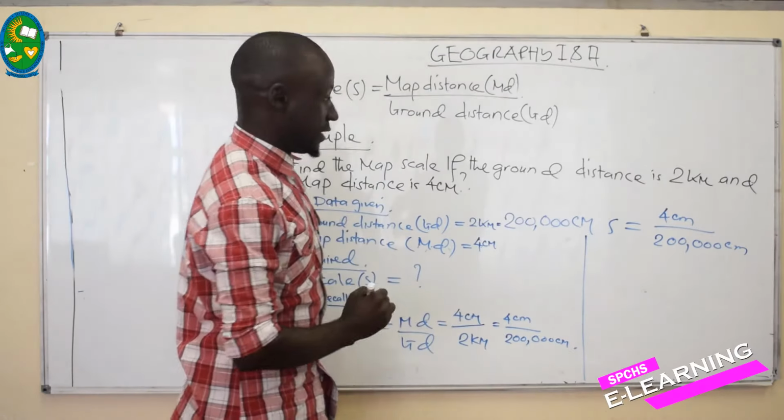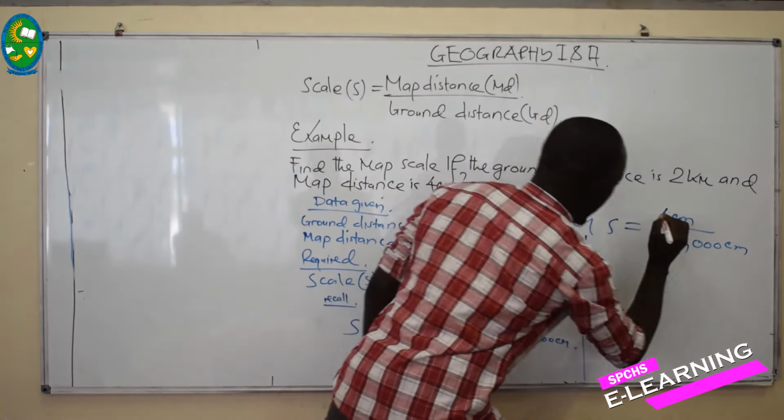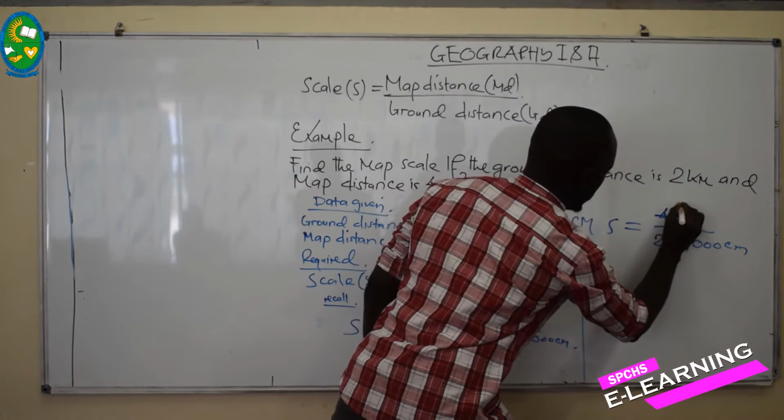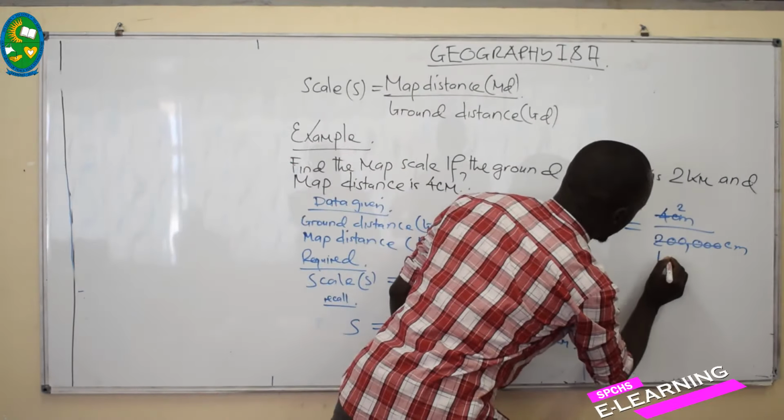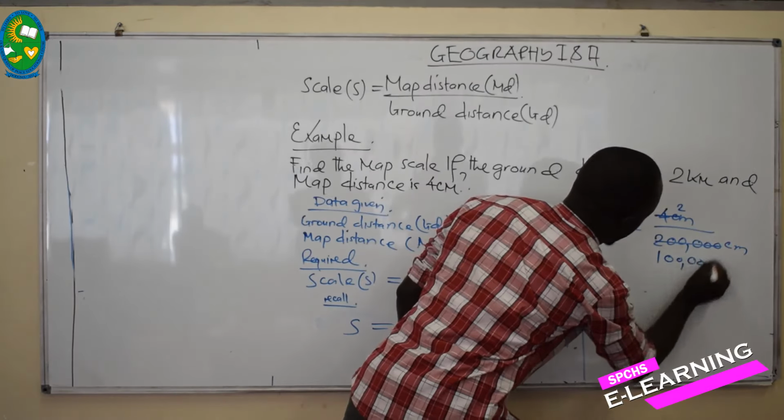Now you may simplify by 2: you obtain 2 over 100,000.